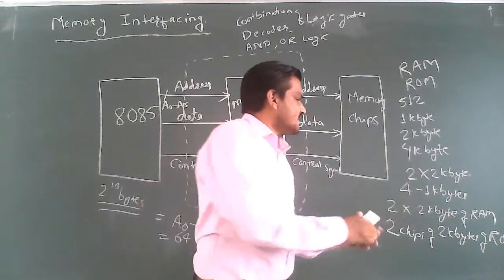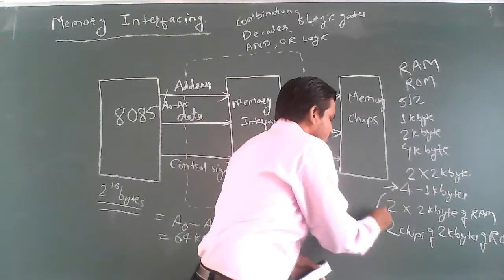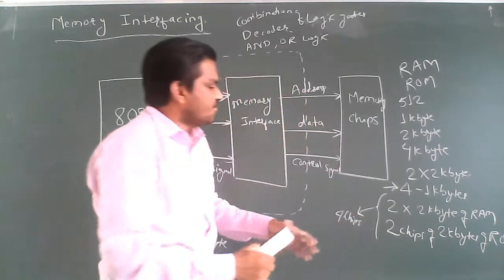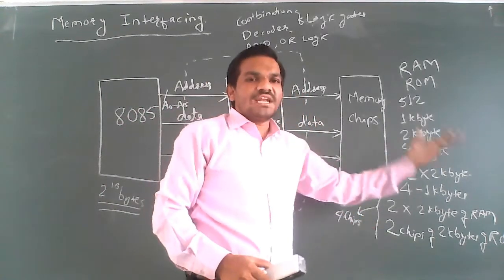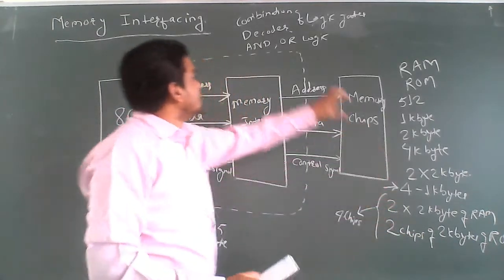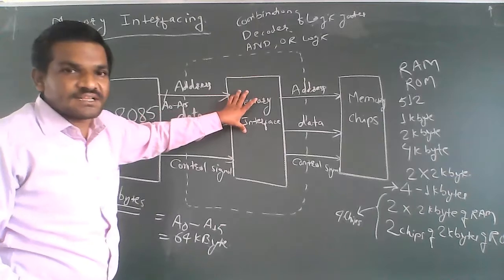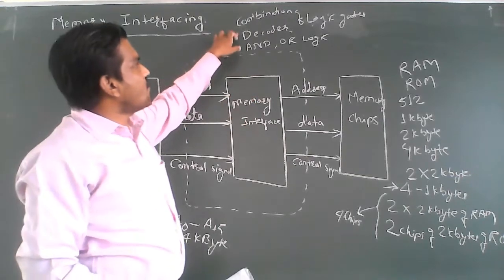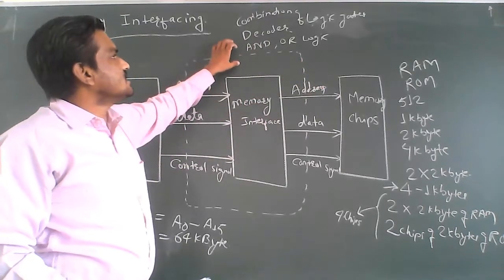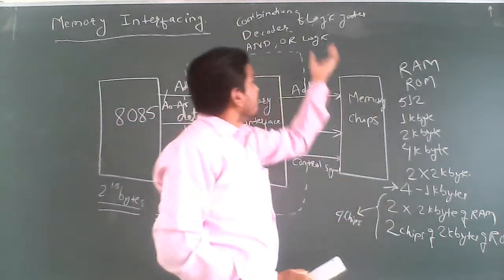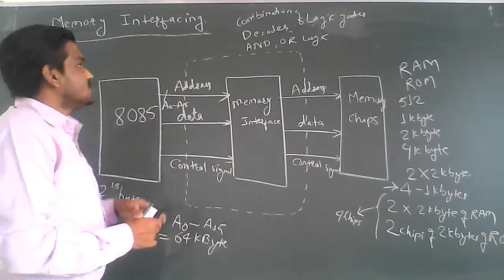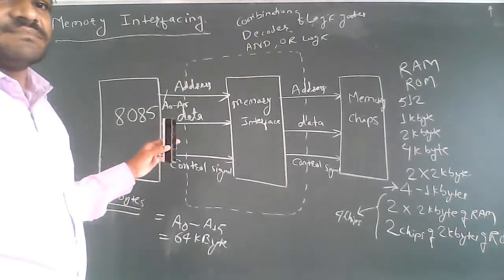In this case we have four chips. If we have multiple chips, how do we select a particular chip at a time? That logic is designed by the memory interface circuitry. It can be a decoder circuitry, or for one or two chips it can be AND or OR logic, or a combination of logical gates. So this is memory interfacing.